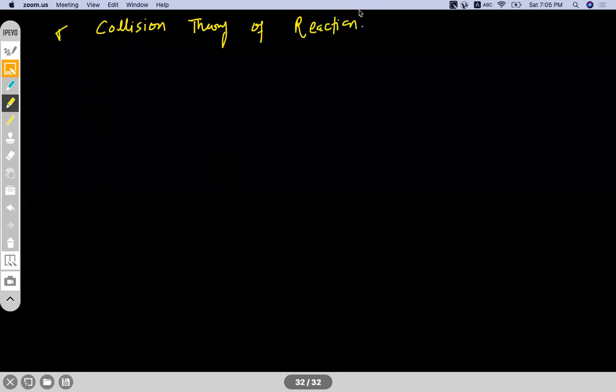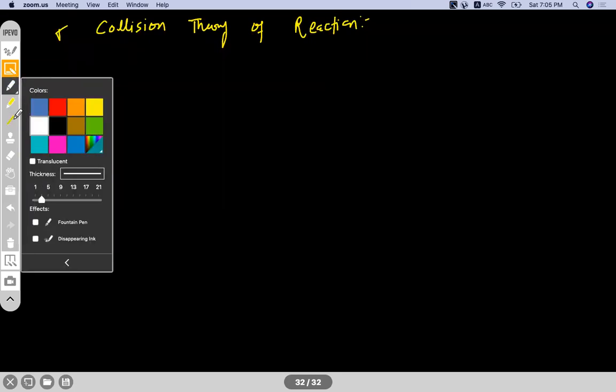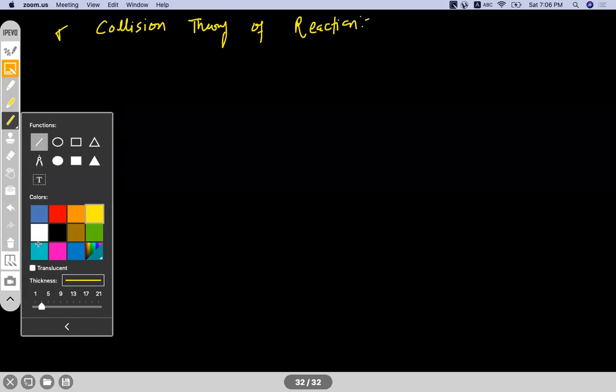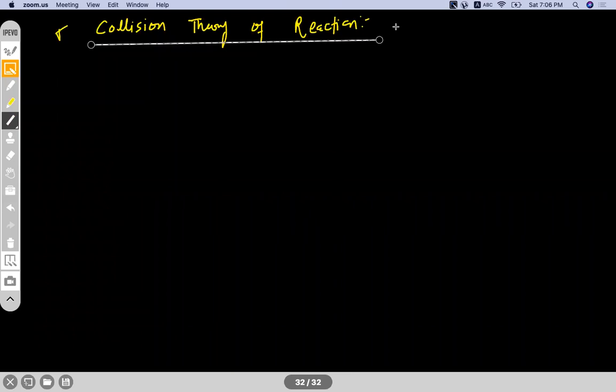According to this concept, for any reaction to proceed, we basically have two hurdles, or two barriers, which every reaction has to fulfill. Otherwise, the reaction is not possible.